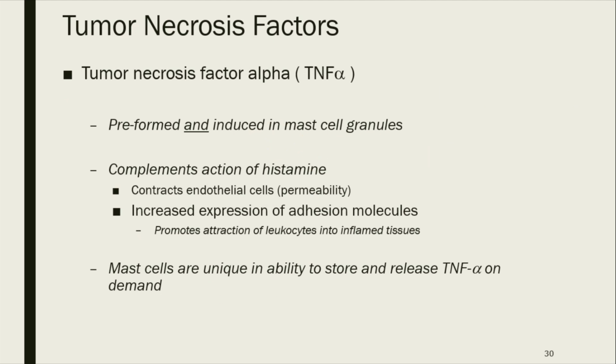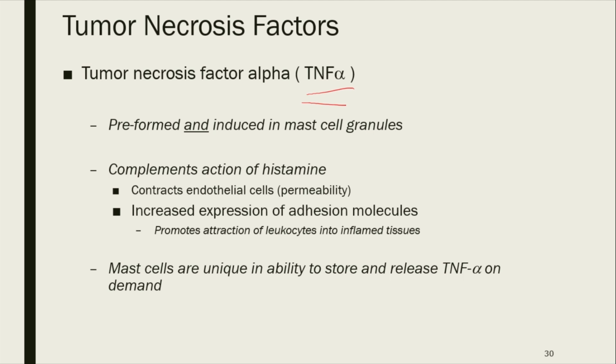Like other things that are being induced, there are also preformed mediators. Preformed mast cell granules contain TNF alpha. It has complementary actions to histamine, i.e. it will contract endothelial cells and also increase expression of adhesion molecules.